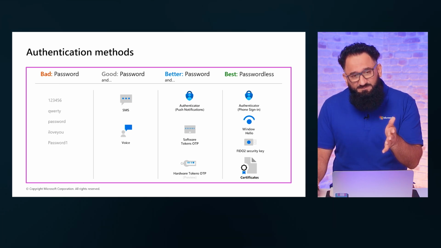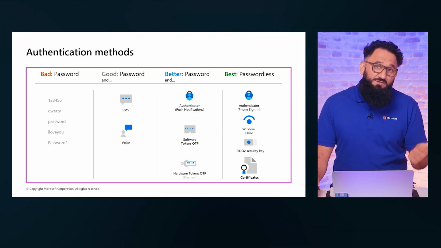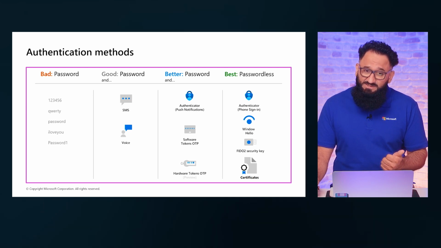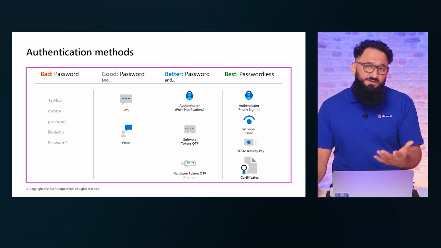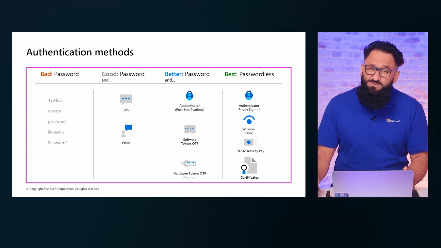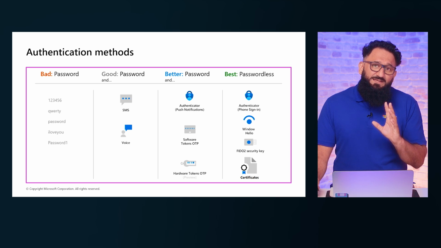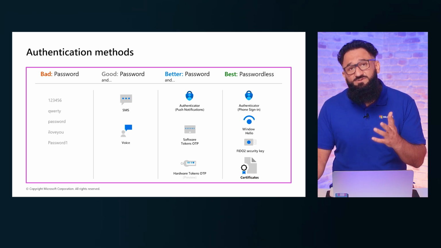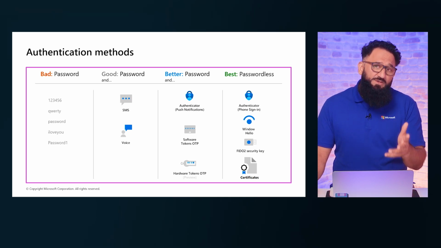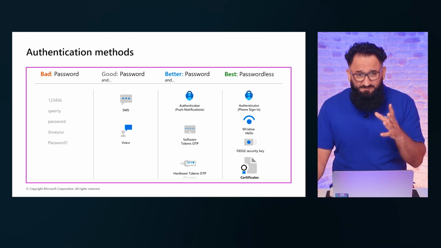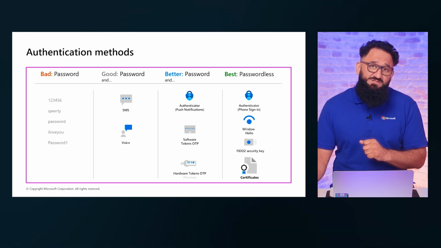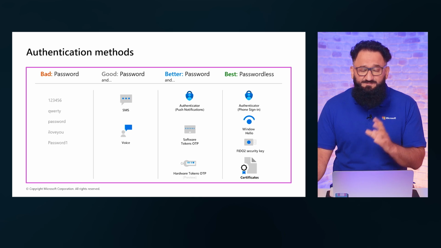So what's better than passwords? Well, embed other sorts of multi-factors into it. Things like using an SMS or getting a voice call. Now that is good, but like I mentioned, a lot of the attackers are looking to find ways of spoofing your SIMs or your phones, and they can get away with making some sort of malicious activities around your mobile phones.